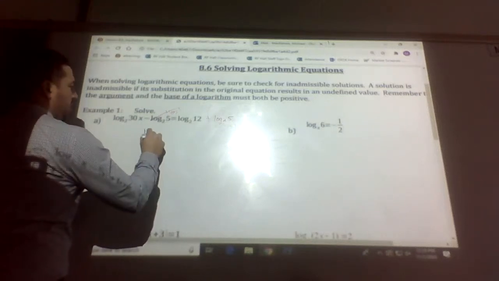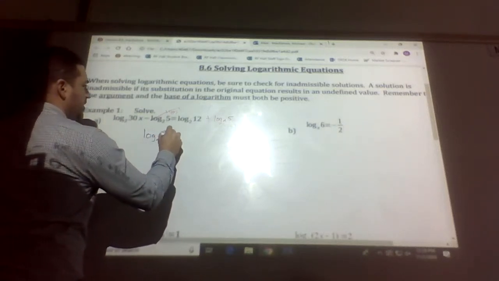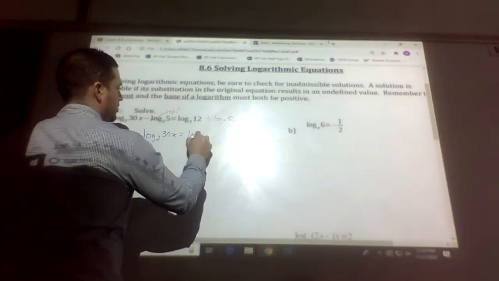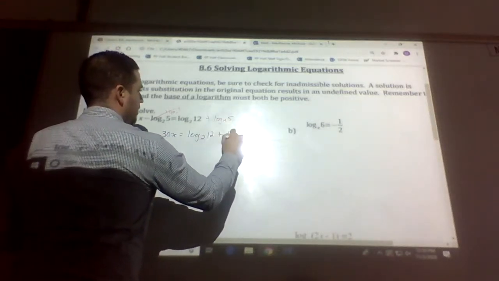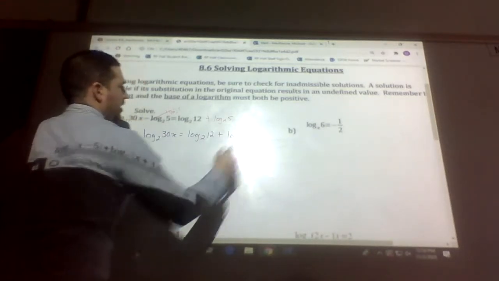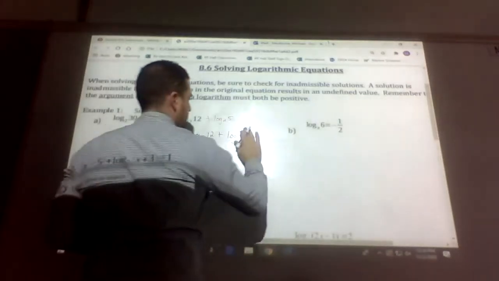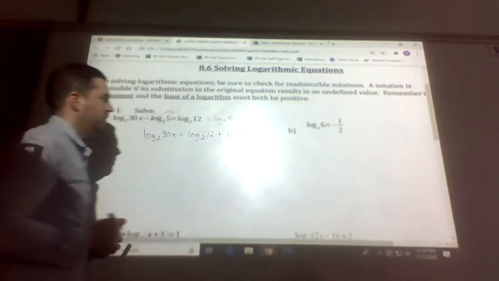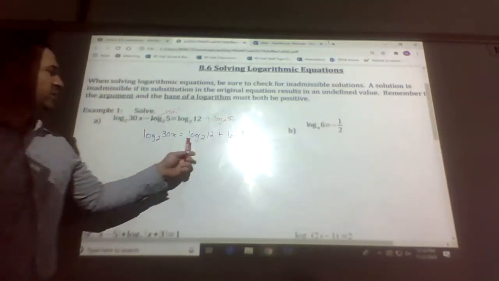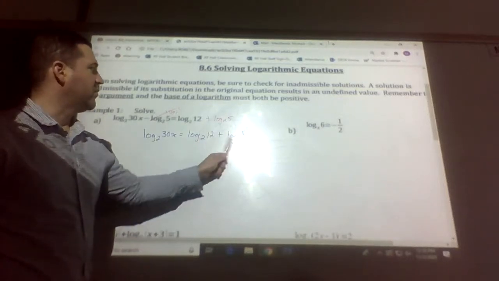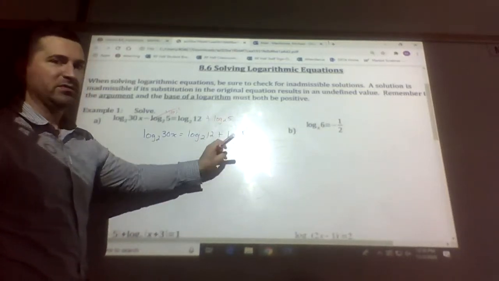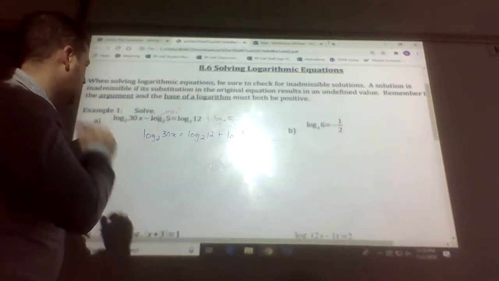So we get log base 2 of 30x equals log base 2 of 12 plus log base 2 of 5. Now we have the same base. The logs are the same base. So here what we're going to do is multiply 12 and 5 together, because when we're adding, we bring together and we multiply.